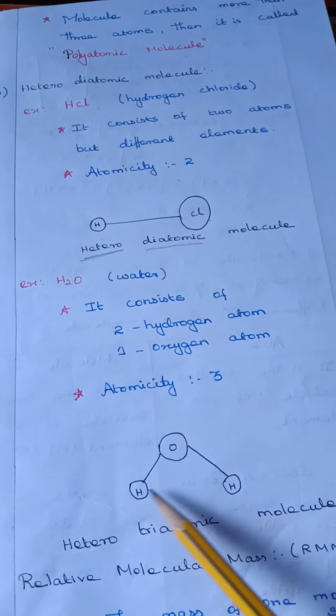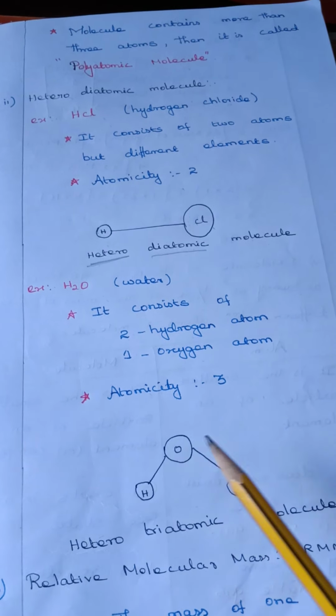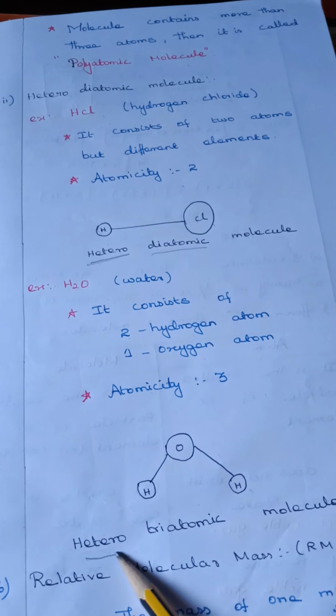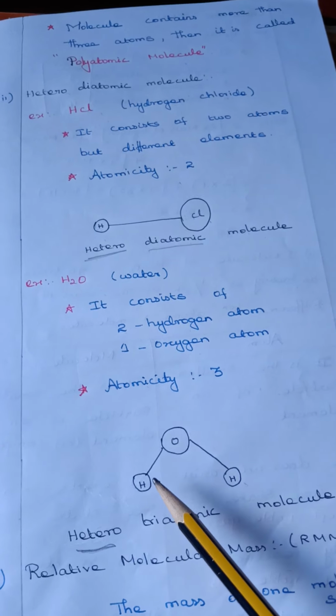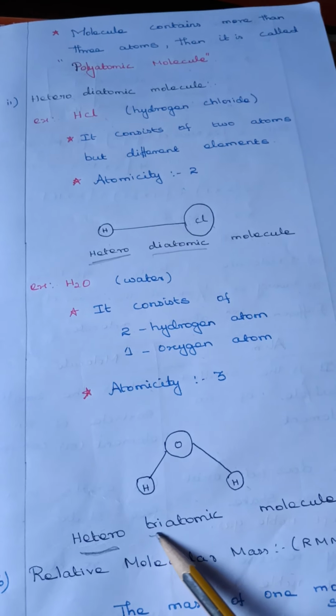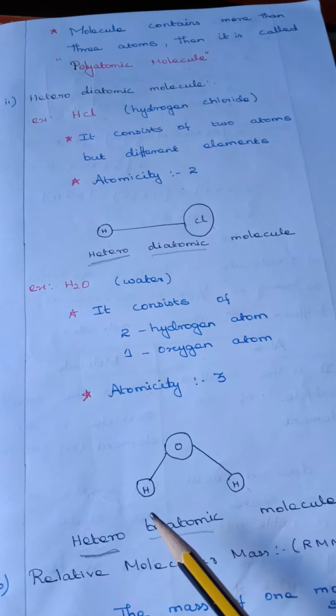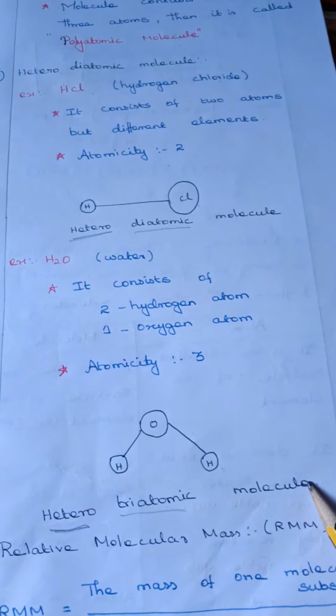Here different atoms are present: 2 atoms of hydrogen and 1 atom of oxygen. So hetero, different atoms, so you call it hetero. Then 3 atoms present here, so triatomic. So heterotriatomic molecules. Okay.